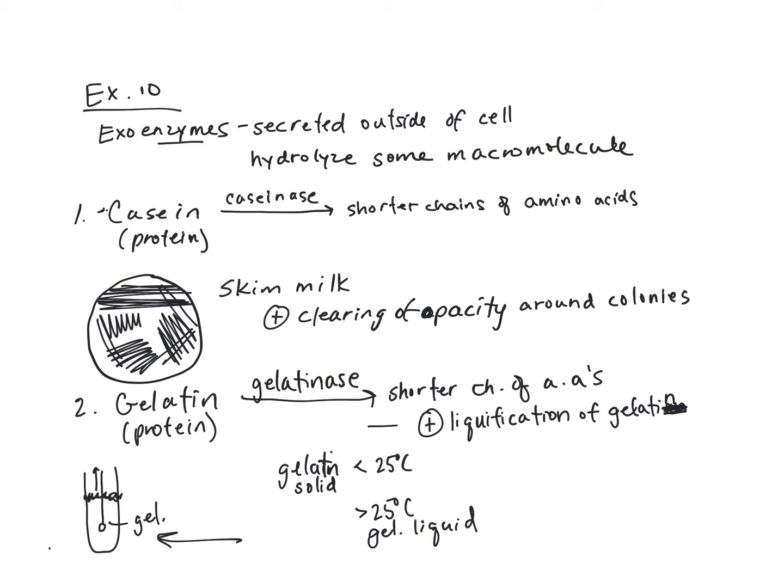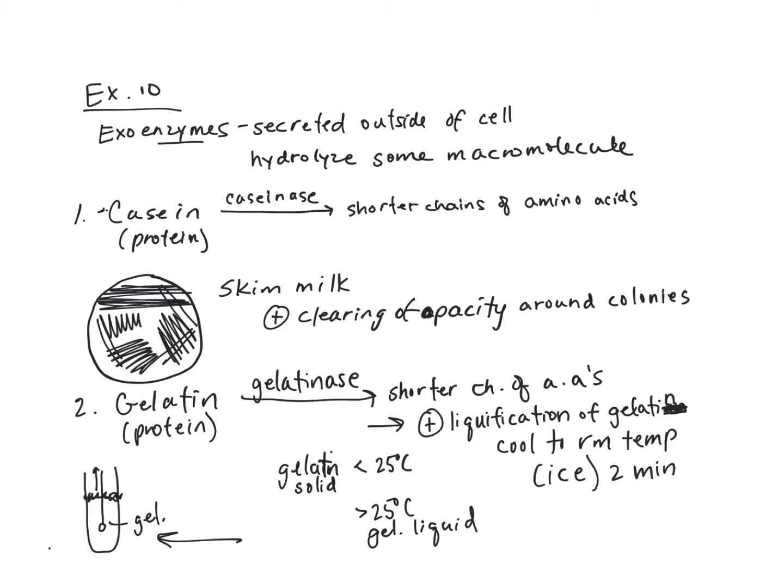All right, so because all of the tubes are going to be liquid in the incubator, in order to read the results here, you have to cool to at least room temp. You might want to put it on some ice for about 2 minutes, just to make sure it's cooled down enough. And if it's still solid after you cool it down, then you can call it negative.